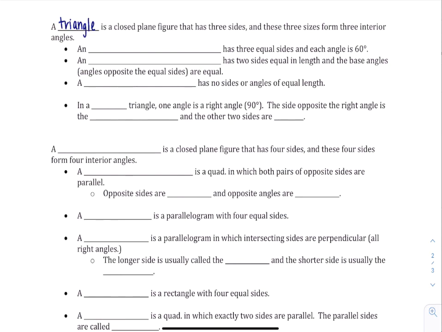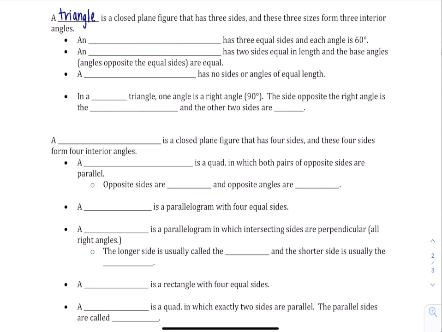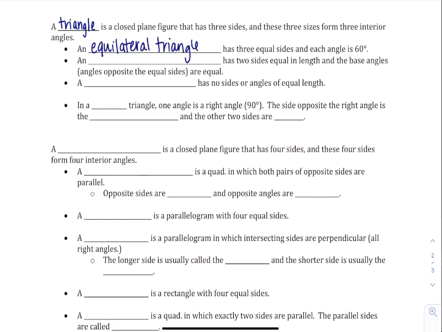We can specify the type of triangle based on the lengths of the legs. If all sides are equal, then we're looking at an equilateral triangle. If two sides are equal, then we're looking at what's called an isosceles triangle.